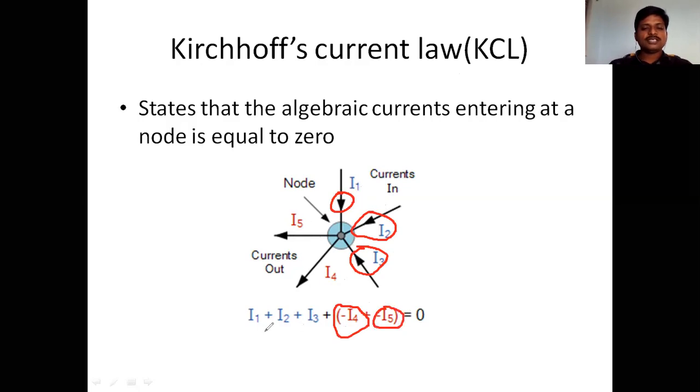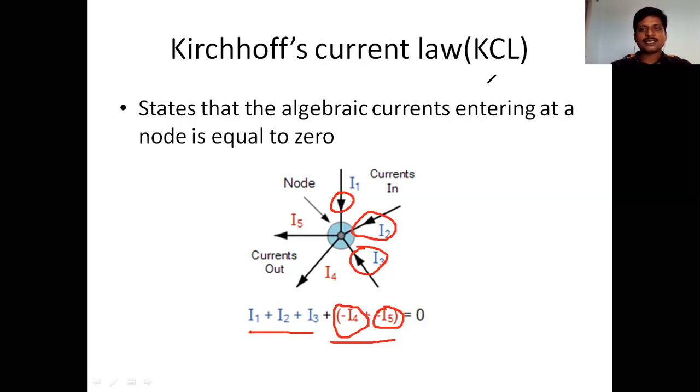So I1, I2, I3 are entering with positive sign, and I4 and I5 are entering with negative sign. You can say it as leaving currents I4 and I5, or you can say it as entering with negative sign.